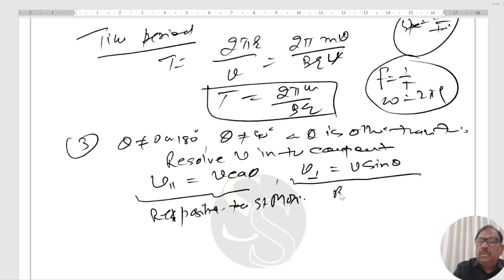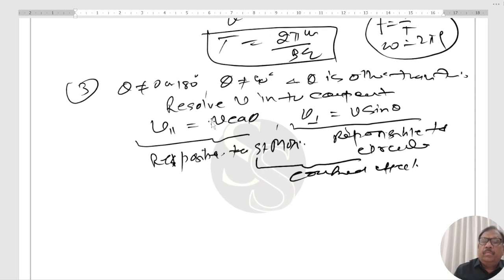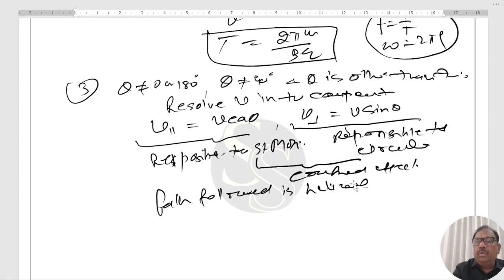This is responsible for circular motion. The combined effect is that the path followed is helical, like this.